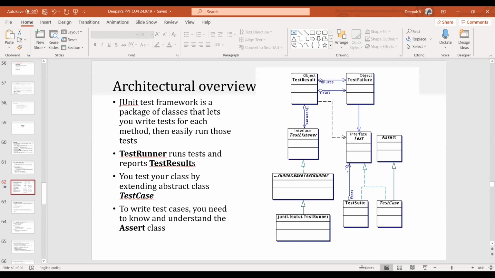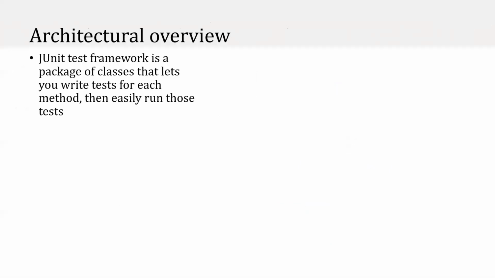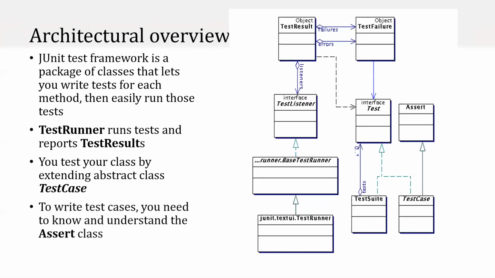So this is the architecture of JUnit. These are the terminologies we will be using: test runner, test result, test case, asserts. What type of diagram is this? You see these boxes.